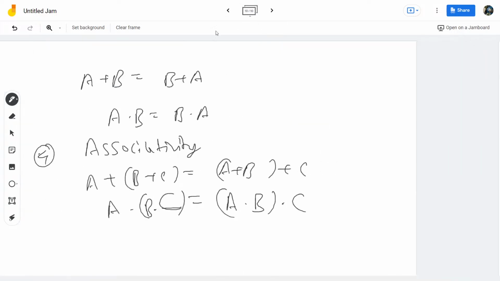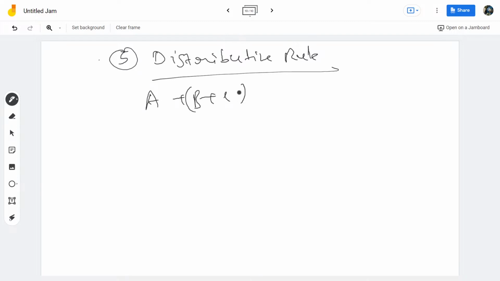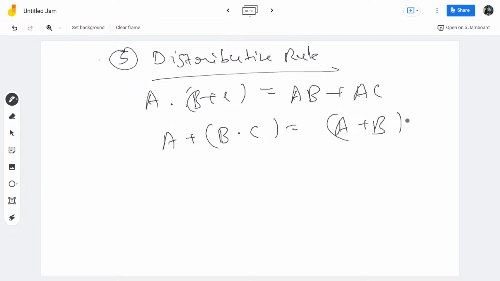Now the next rule is the distributive rule. So the distributive rule says that a times b plus c is equal to a times b plus a times c, and a plus b times c is equal to a plus b times a plus c.